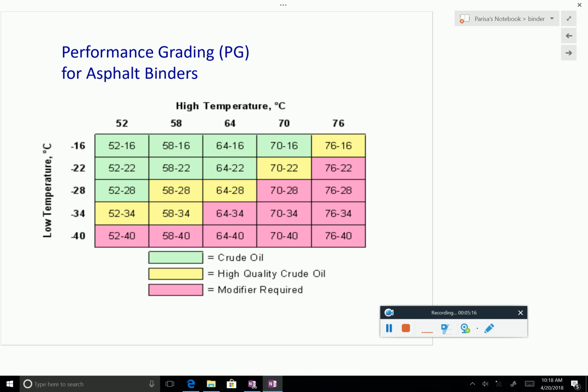So you need to use one of these materials. You cannot just use any, you cannot just have your own grading. PG, I don't know, 53 here, negative 21. It doesn't exist. So you need to learn how to choose the right material.